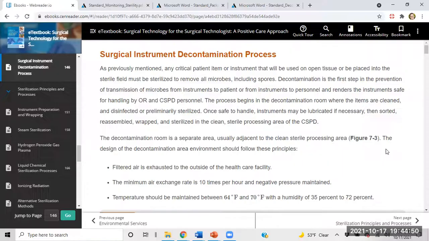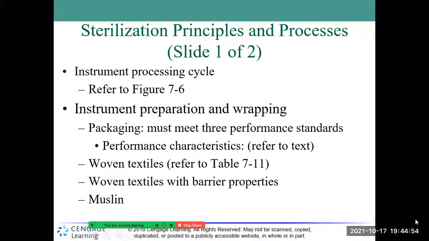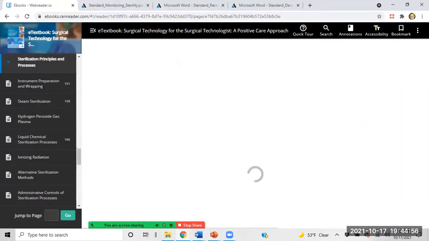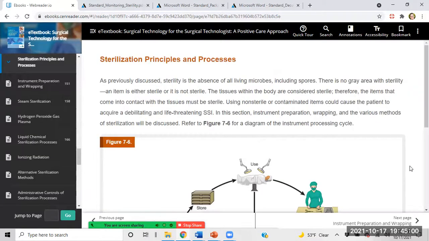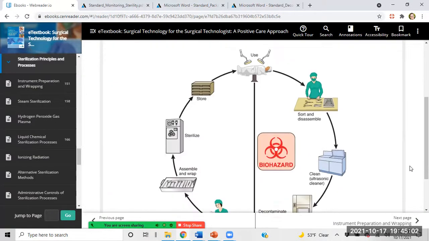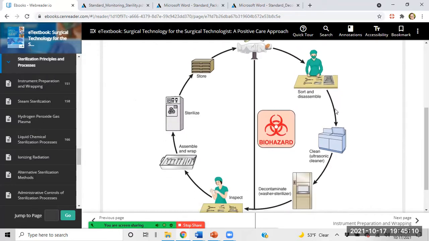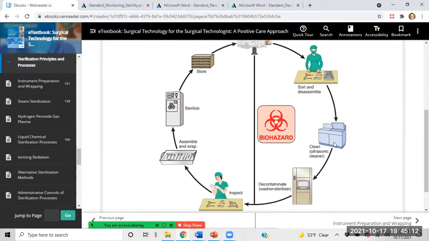Okay, let me get over here. It is figure 7.6. That's the picture I'm looking for. There it is. So we are going to use a piece of equipment on the patient, and then we're going to sort and disassemble. So we're taking some things apart that are needed. They're going to go into the ultrasonic cleaner to get cleaned.